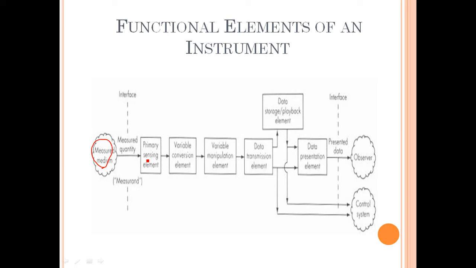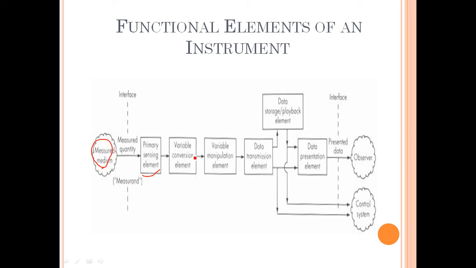The quantity under measurement makes its first contact with the primary sensing element of a measurement system, or we can say the measurand first interacts with the primary sensing element. Then that quantity under measurement is converted into an electrical signal with the help of transducers.